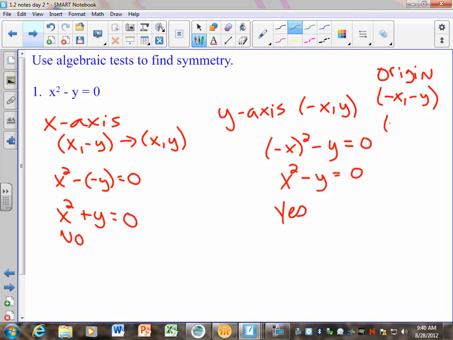But I can plug it in, negative x squared minus negative y. I'm going to get x squared plus y equals 0, which is not true. So which of these is it symmetric with? Well, in this case, my y-axis is my only one that it's symmetrical with. If I graph this, it would be symmetrical with the y-axis. It could be none, it could be more than one, so just keep that in mind.